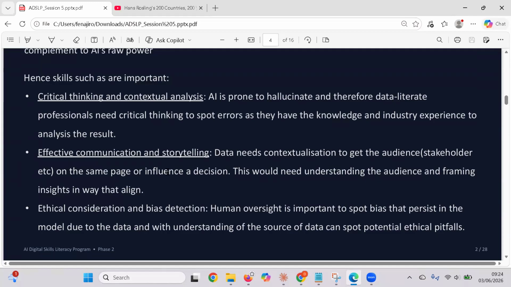Then the other part is ethical consideration and bias detection. Human oversight is important to spot biases that persist in models due to data. We have talked about this in a previous section, that sometimes there are biases in the system because at the point the model was designed, it was designed for a specific demography or a specific need.